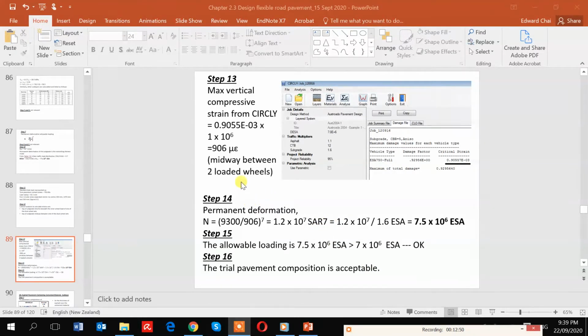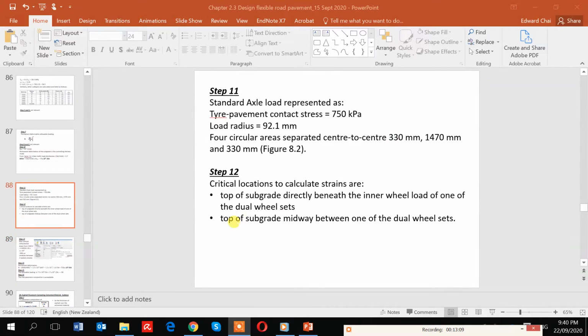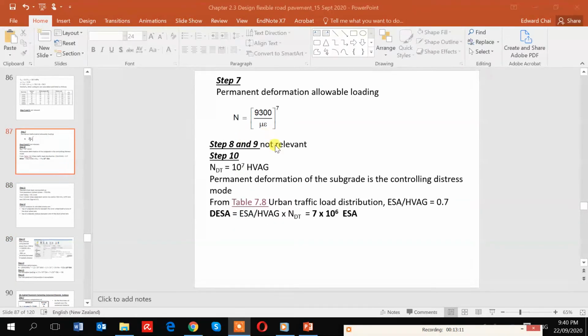From the printout, when you run the Circle 6, I find that the critical strain is this much, which when we transform it becomes 906 microstrain. So we just put it into this formula.